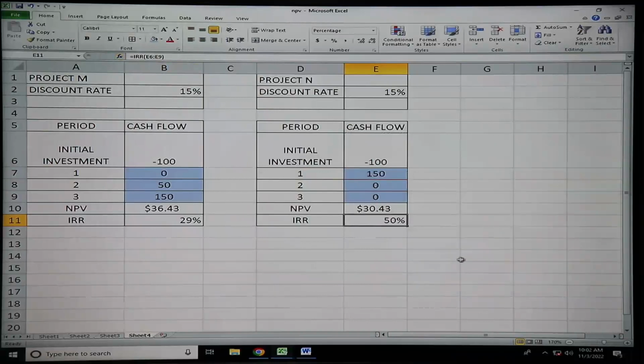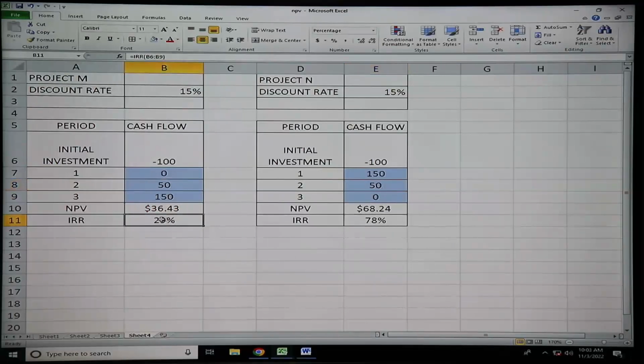Then notice the difference between the internal rates of return. Now, I need an explanation for that. You can send that one in the group. Why do we have different rates, yet we have the same values, only that the period is varying? So 150, 0, 0, and here 50 and here 50.